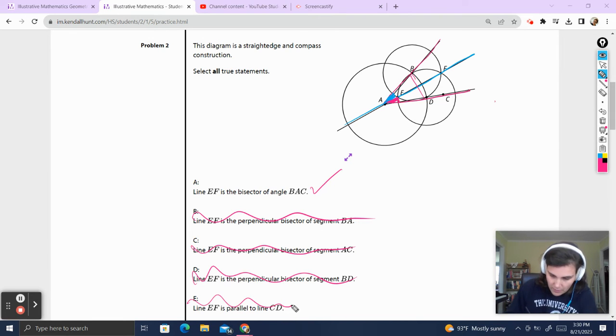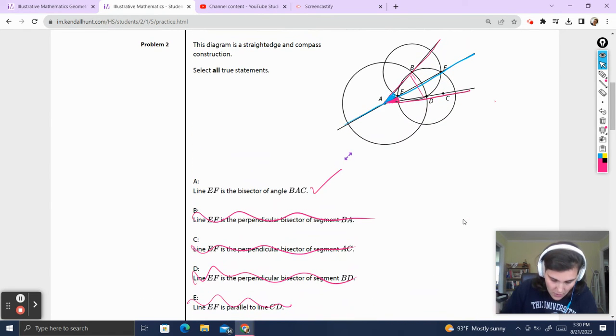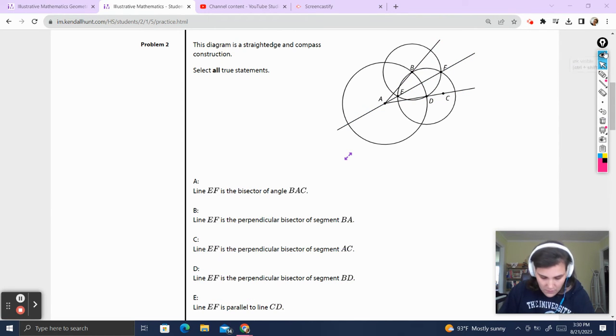No, we know nothing about parallel. And let's move down to our last option. Oh, those are all of our options. So the only true statement that I have seen here is that line EF is a bisector of angle BAC. We don't have any perpendicular bisectors in this case, and we don't have any parallel lines. Let's go on to the next question.